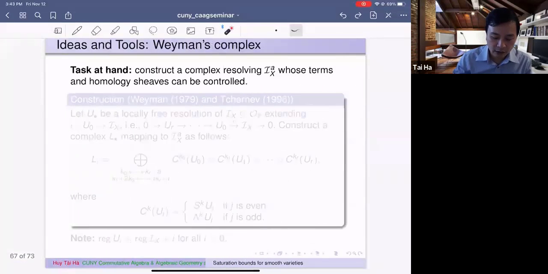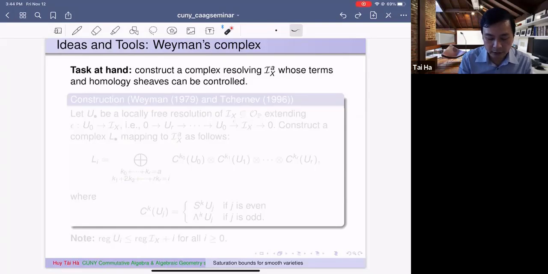Any locally free resolution of the ideal sheaf, and then we make use of a complex constructed by Weyman in the 70s, and try to work with the terms of that complex.